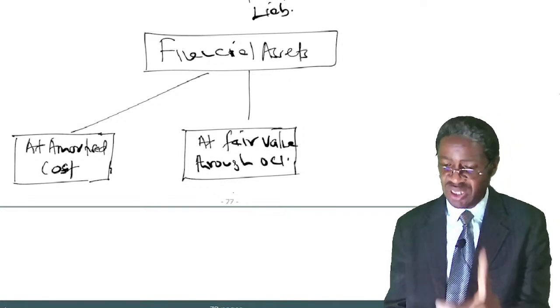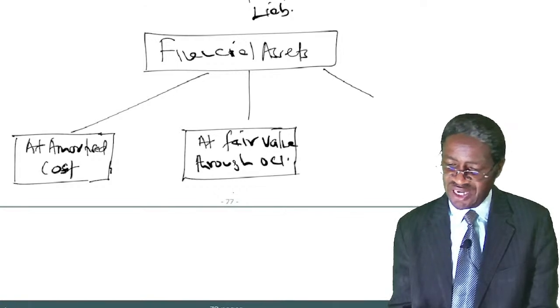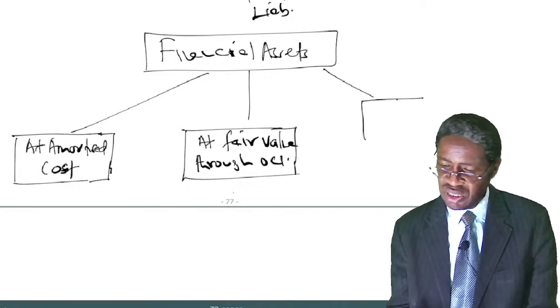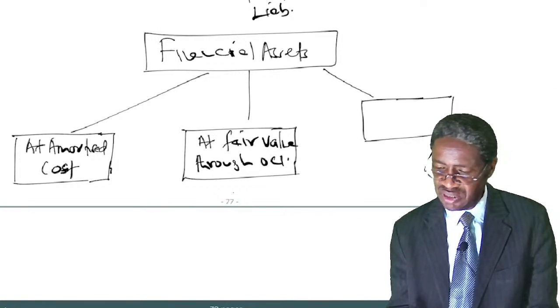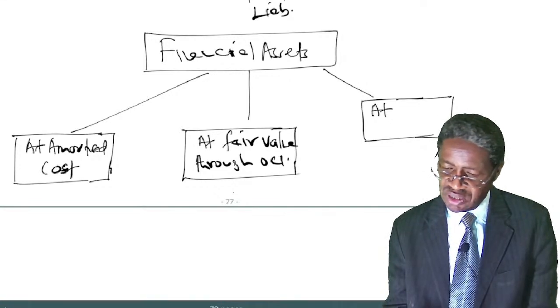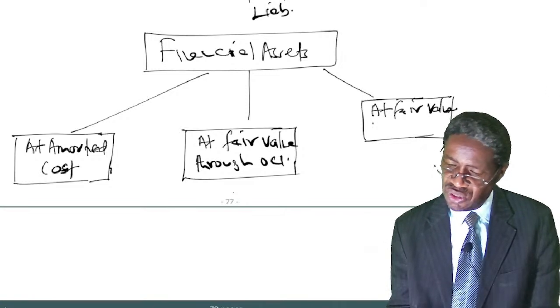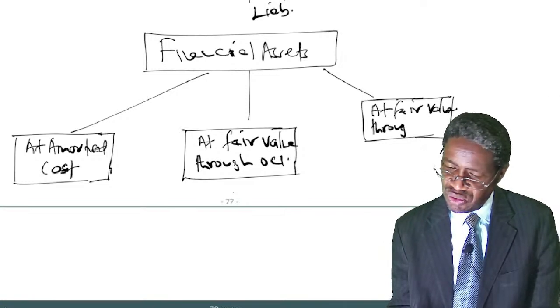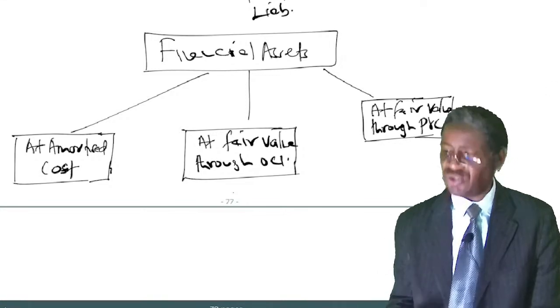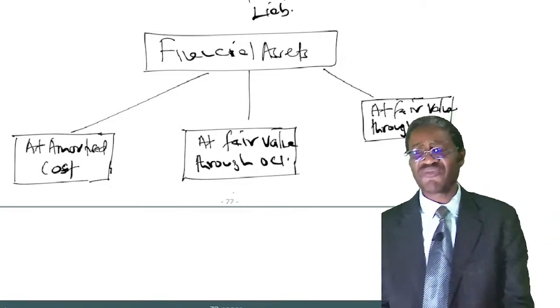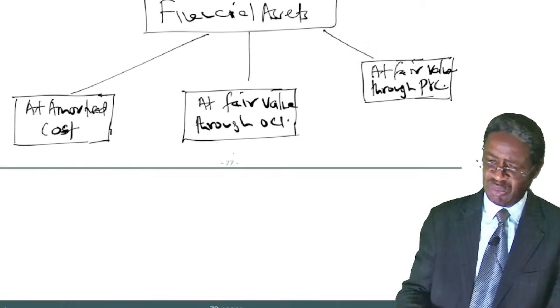That's the second way. The third way a financial asset can be measured is, again, at fair value through P&L. Good. So these are the different ways in which a financial asset can be measured.